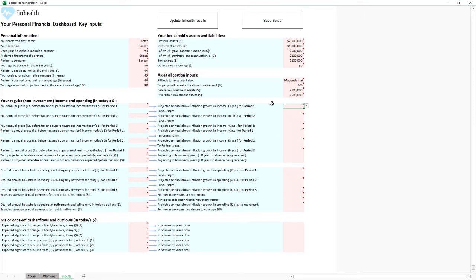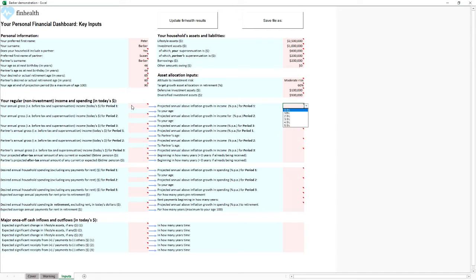For each period, the user can select a projected annual growth rate above inflation in income and spending from a minimum of 0% to a maximum of 5%. While these bands purposely don't cater for all possibilities, adjusting estimated incomes, spending and growth rates for 3 different periods allow a huge number of combinations to be explored.